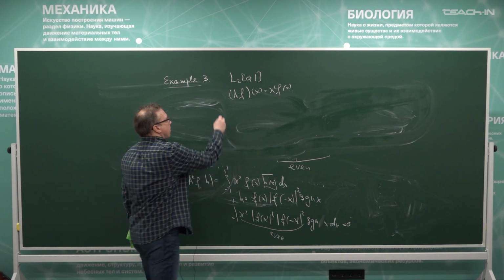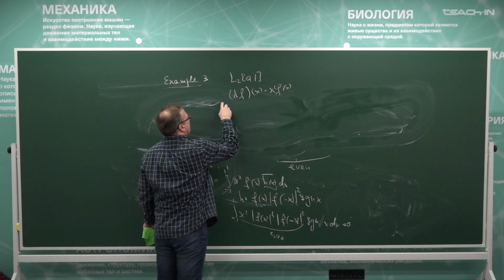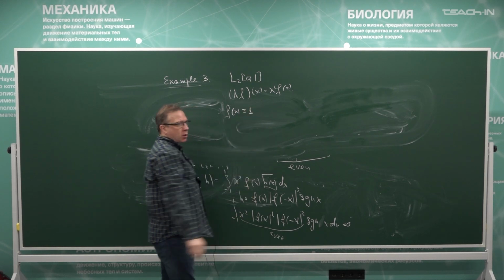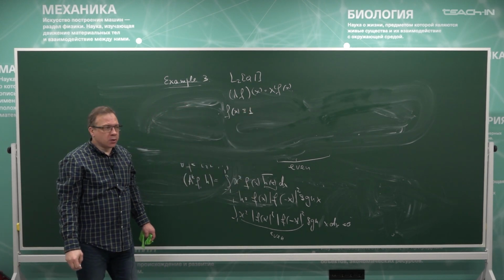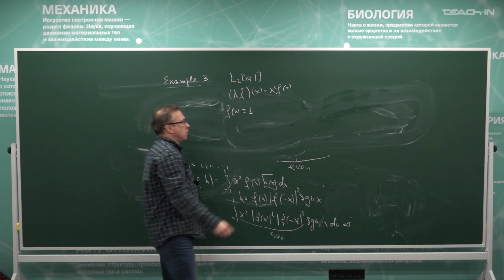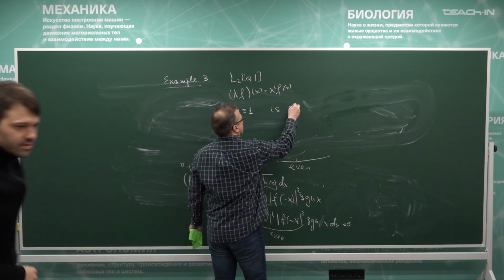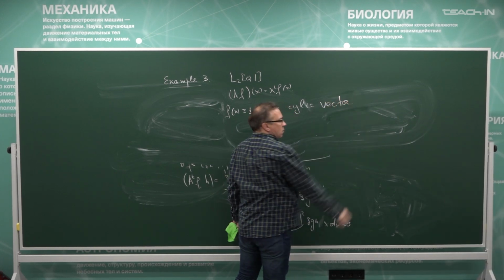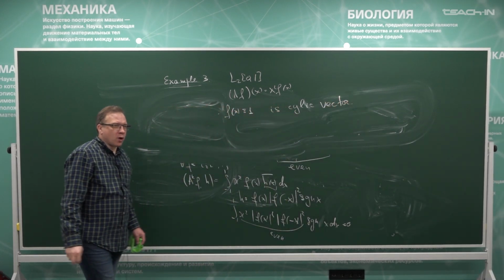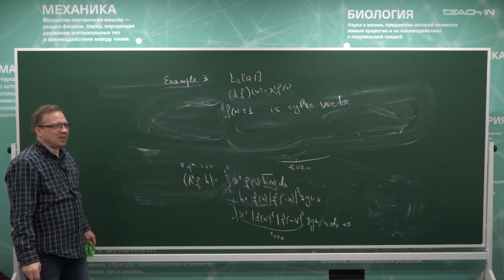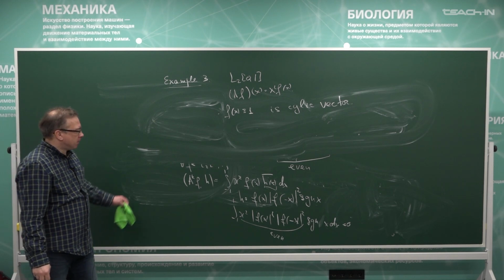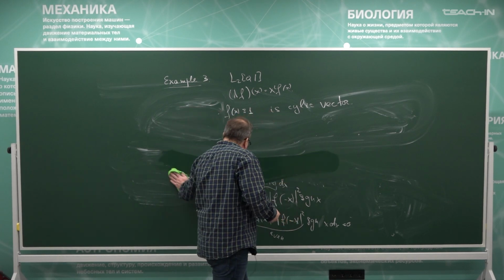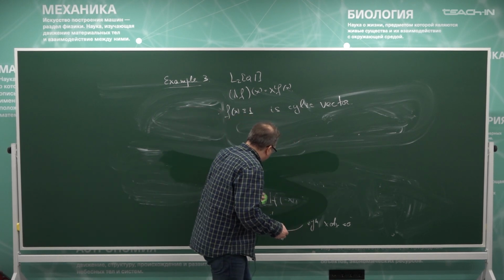Then I state that the function f of x identically 1 is a cyclic vector. Because how can you show it?